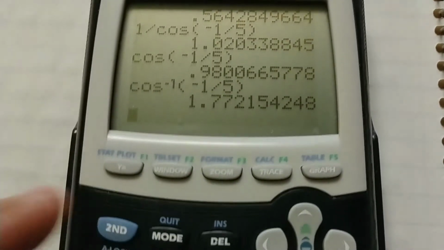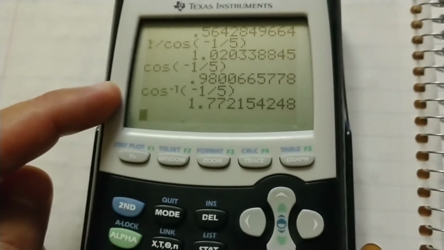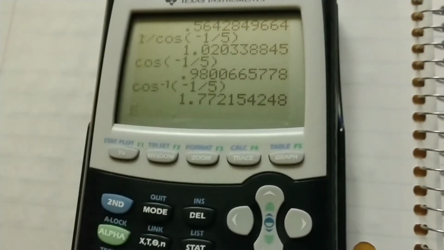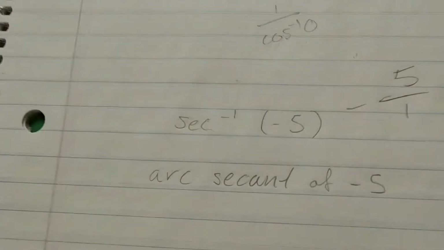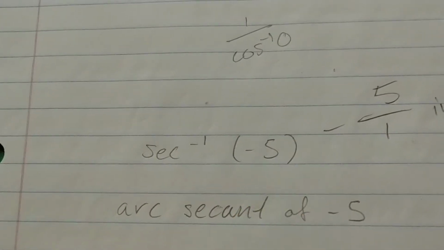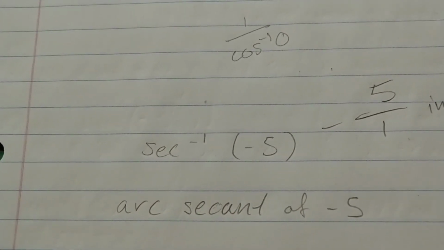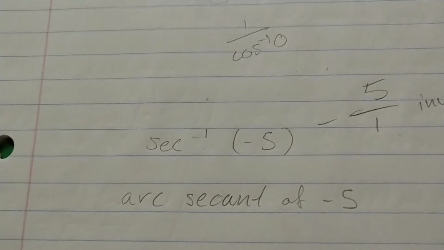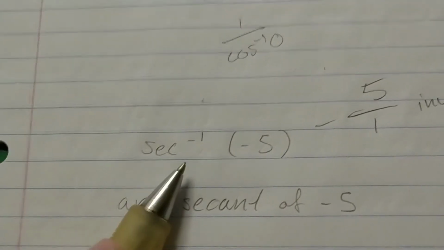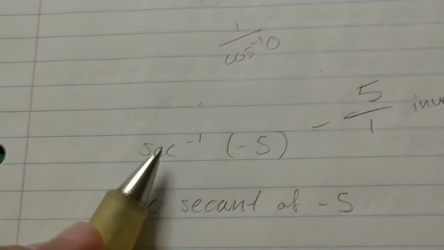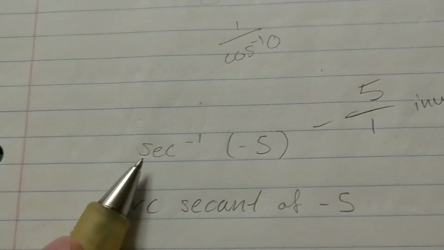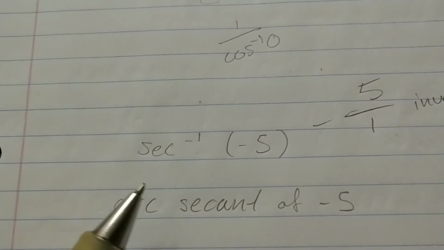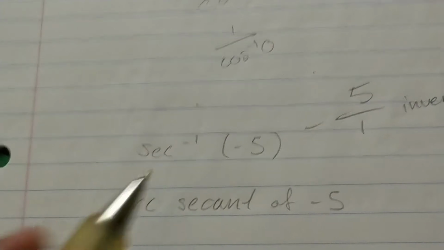And the reason why is because we have inverse cosine -1/5, inverse secant, and -5. But if we do inverse cosine, because we have to do an inverse to get the bounds, to get the range, whatever you want to call it, of secant, which is 1 over cosine.